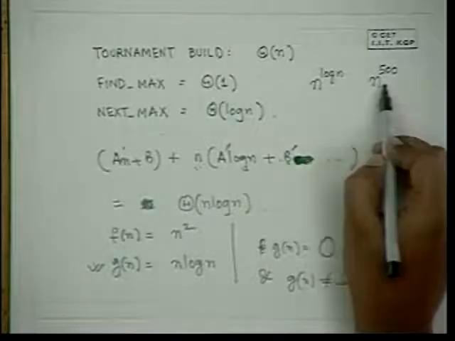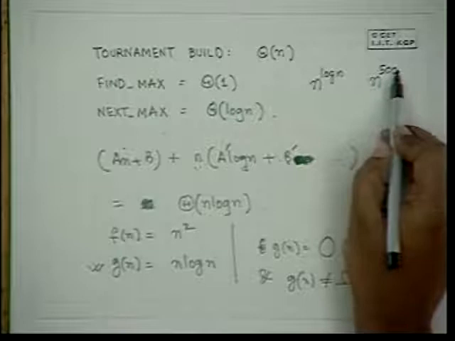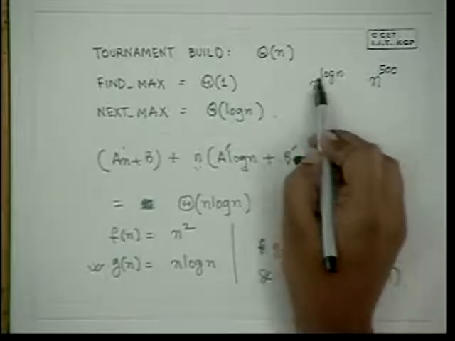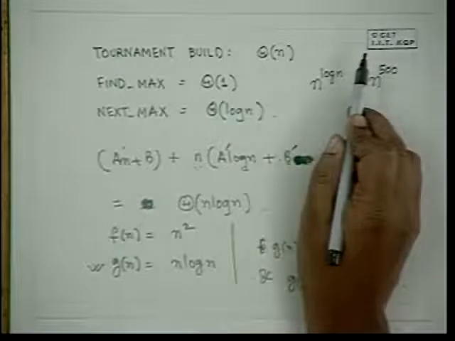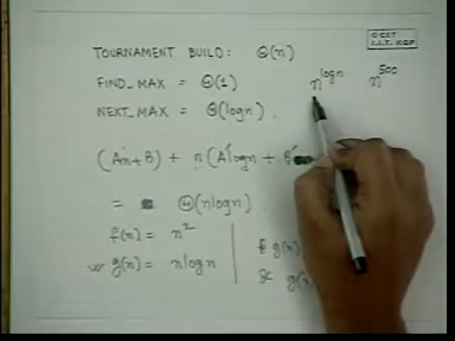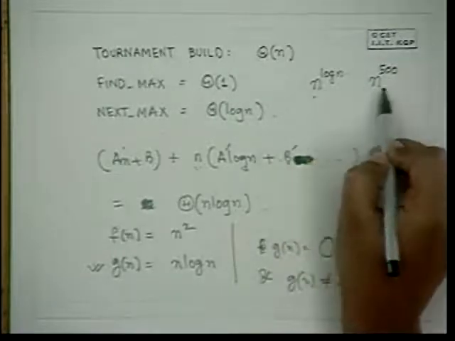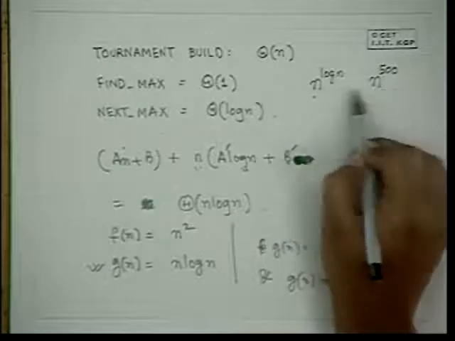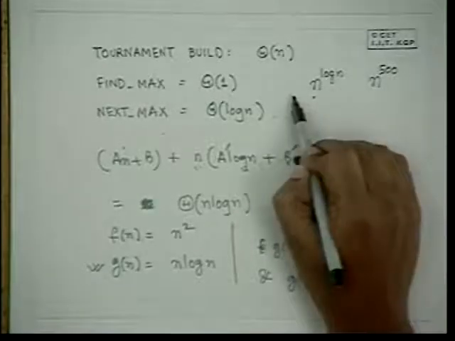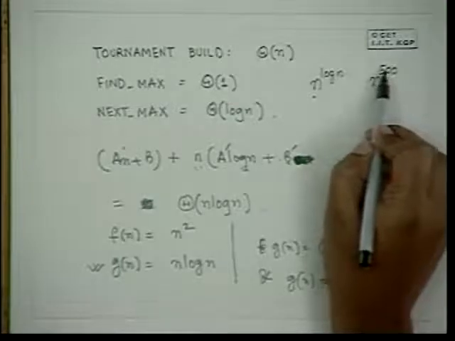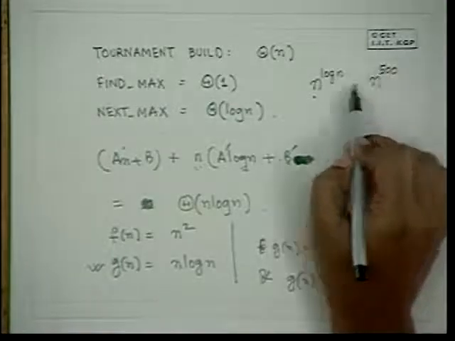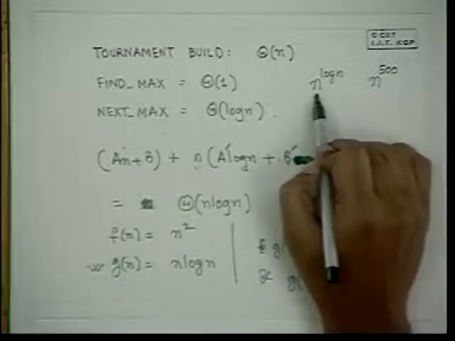This will be better than this. See, this one, its growth is a polynomial, where this growth, this log n, will increase with n. So this one will grow faster than this one. So between these two algorithms, this will be better than this. In fact, for any constant n to the power k, for any fixed constant, maybe even 2 million, it will be better than this in order terms.